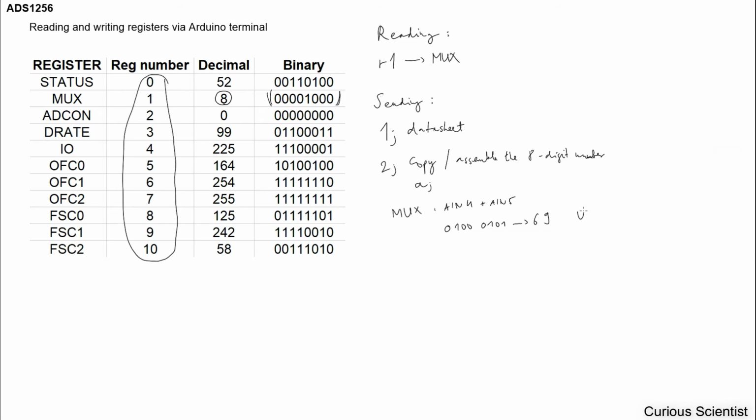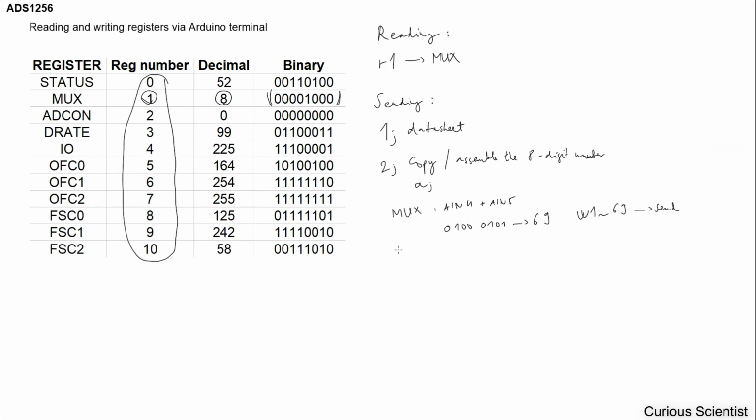When you write, you write the first register because you want to change something with the multiplexer, and you saw that the register number is 1. Then you put a space here, enter 69 and send it. So this is very simple.